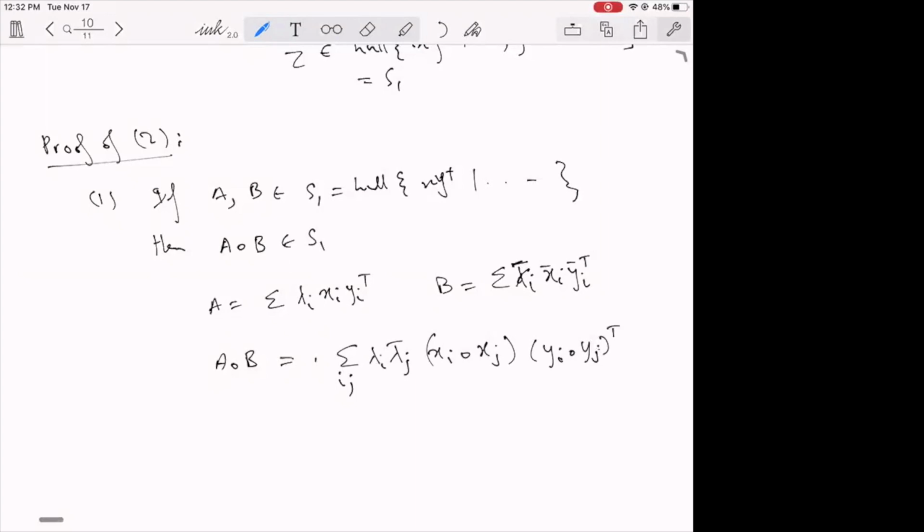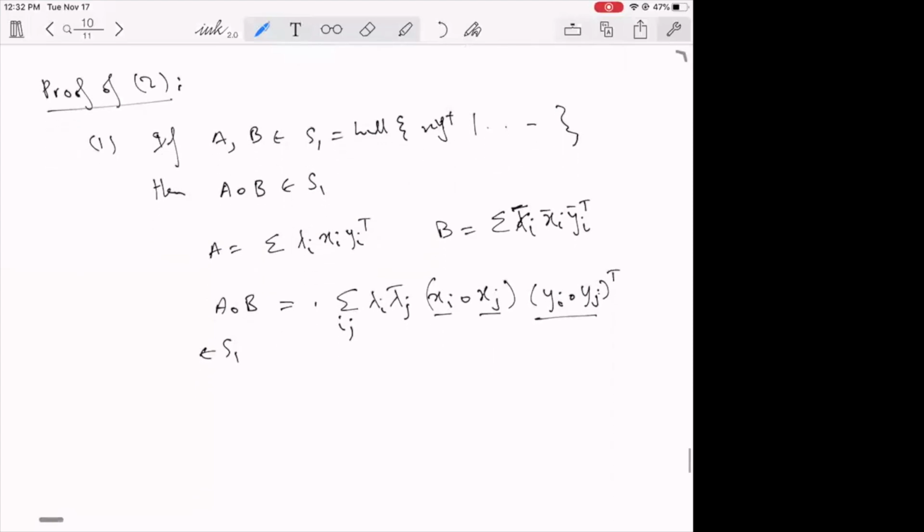And of course, note that if xi and xj were vectors in the hypercube, then xi entry-wise product xj is a vector in the hypercube. The same with y. And therefore, A circ B belongs to S1, that is the convex hull of hypercube outer products.